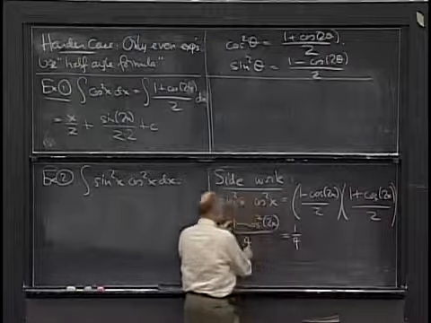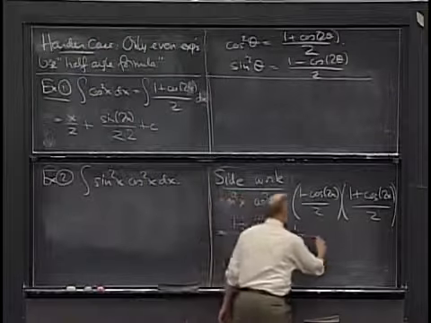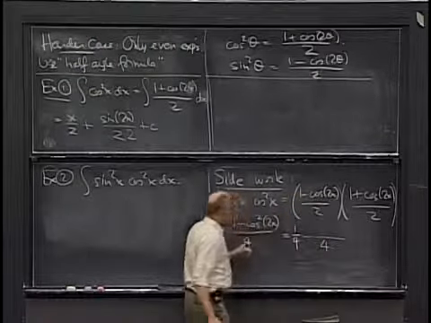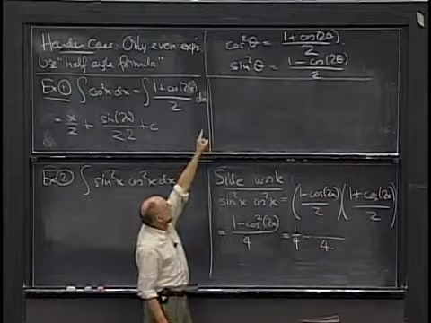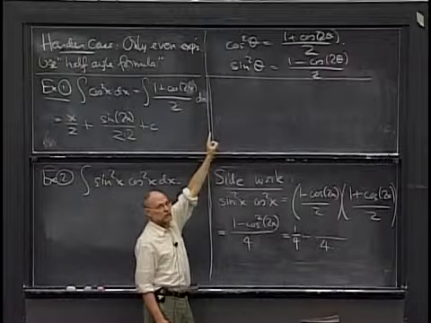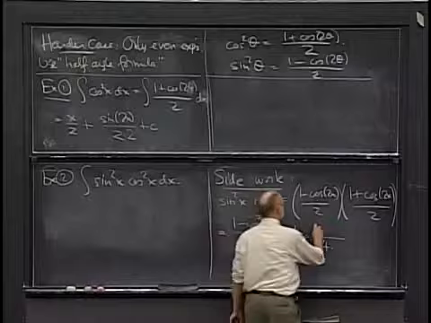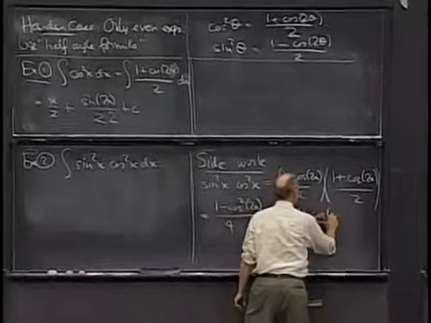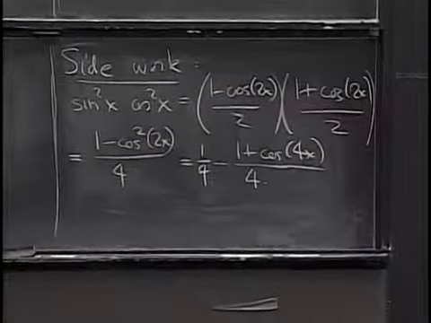So I get a quarter from this bit, and then minus a quarter of the cosine squared of 2x. Okay, now when I plug in 2x for theta, in the top I'm going to get a 4x on the right-hand side. So it comes out like that.